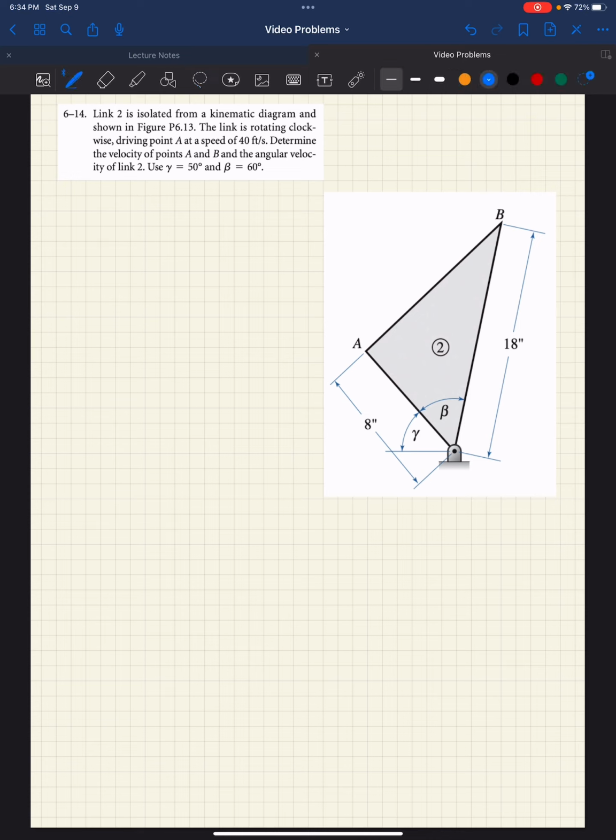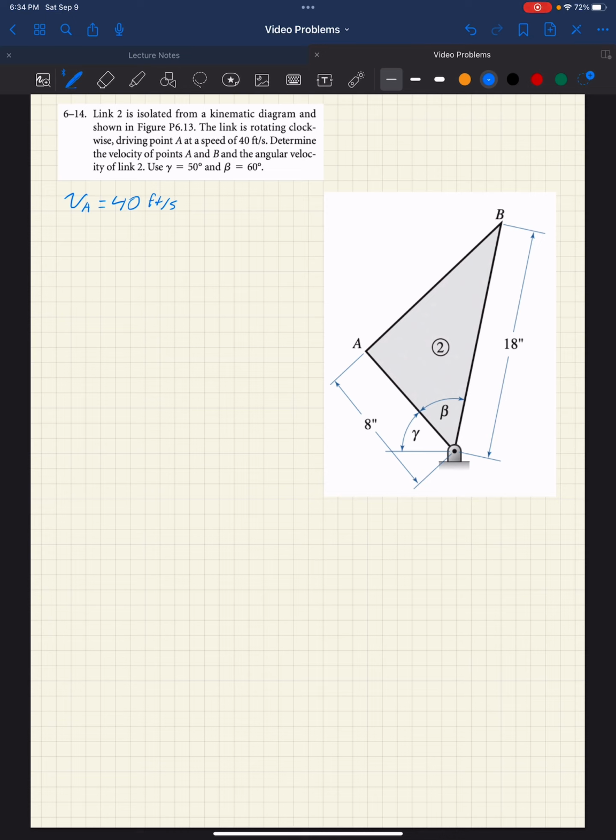So let's start the problem out by writing out a couple of the values we know. We're given the linear velocity at A is equal to 40 feet per second.